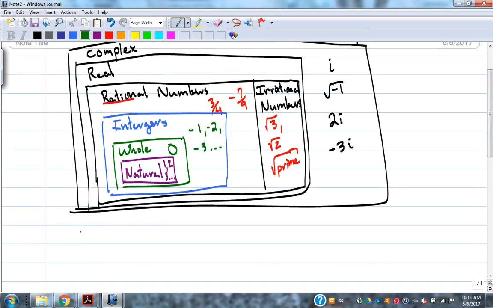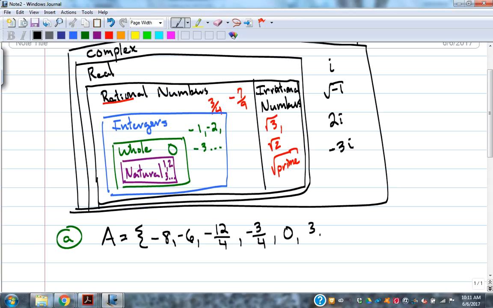All right, so this is our example A. Set A, and I'm just going to put a list of numbers here: -8, -6, -12/4, -3/4, 0, 3/8, 1/2, 1, square root of 2, square root of 5, 6. So that's our set that we're going to be describing the different parts of.